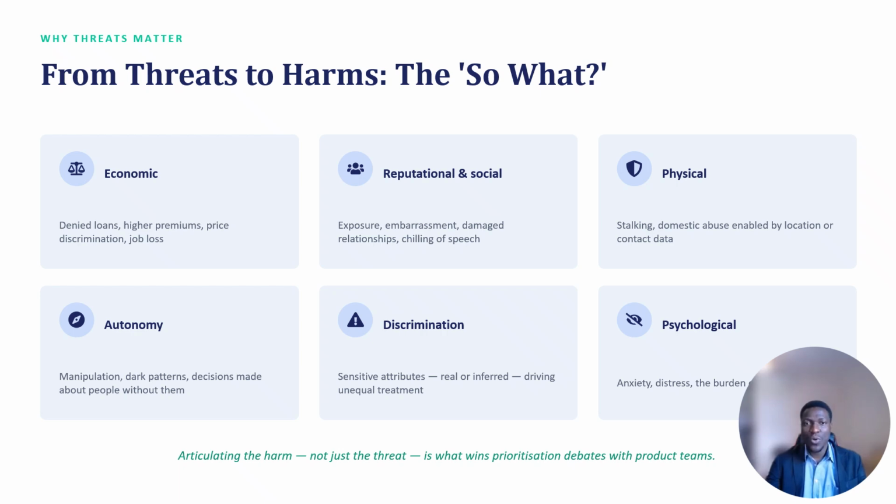Generally, when you just say it's a privacy risk, most of the time it doesn't get prioritized, and features don't get added to the roadmap until you are able to name the harm specifically.